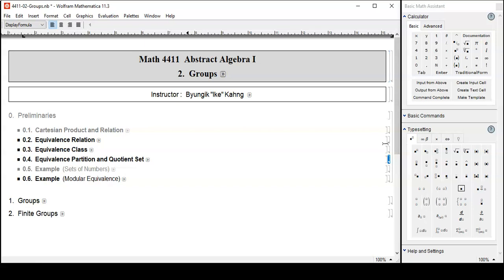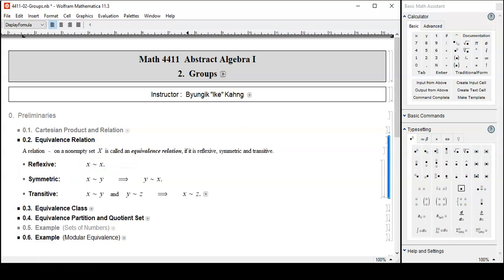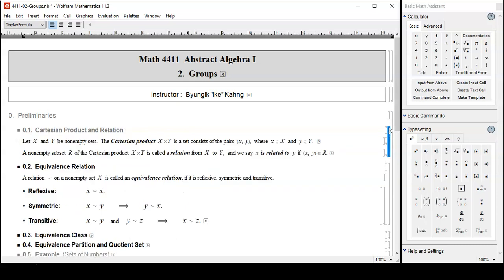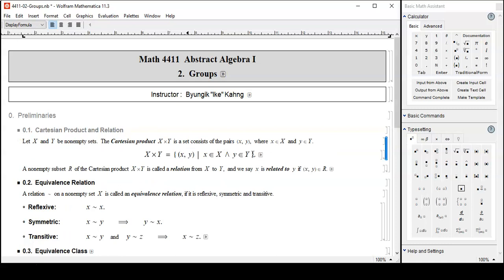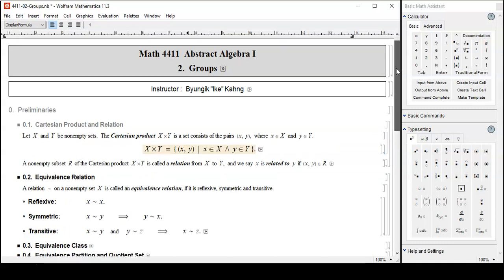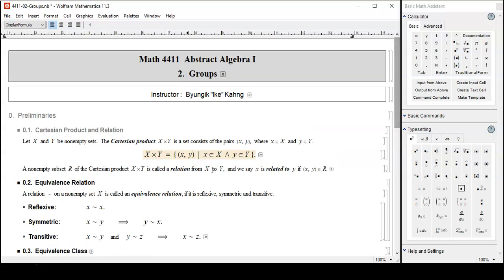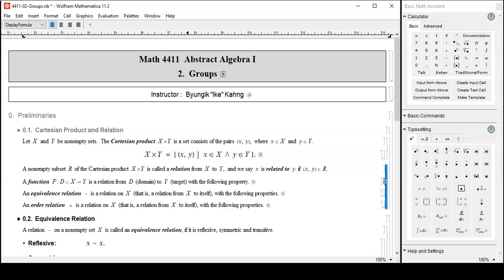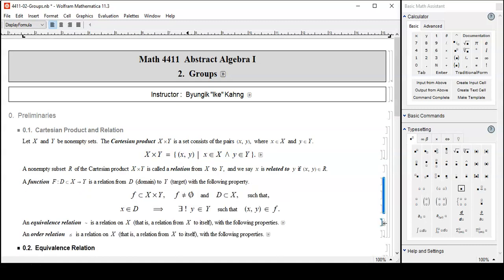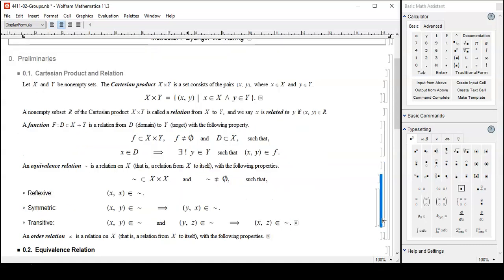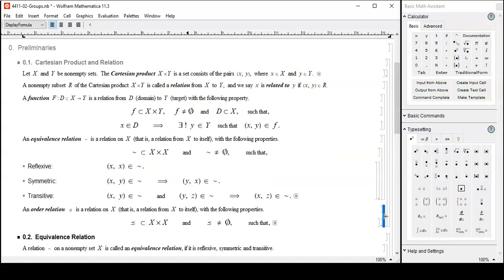We have some time left, so let's take care of some basics here. This is how we define equivalence relation, yes. But as a matter of fact, please recall that everything came from Cartesian product. And we defined a relation as a non-empty subset of a Cartesian product. Examples include a function, an equivalence relation, and an order relation.